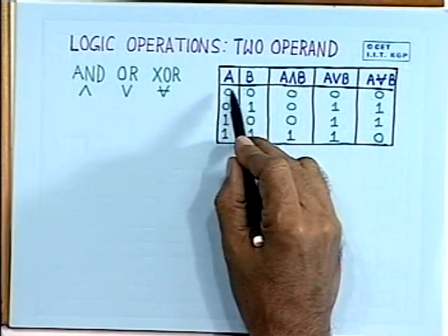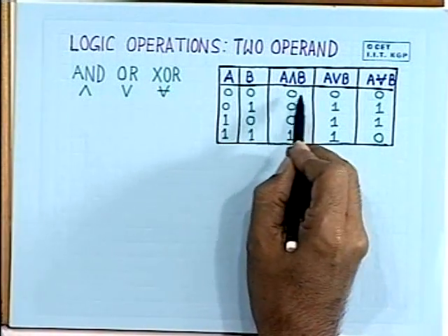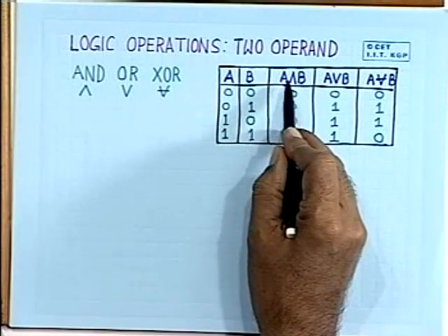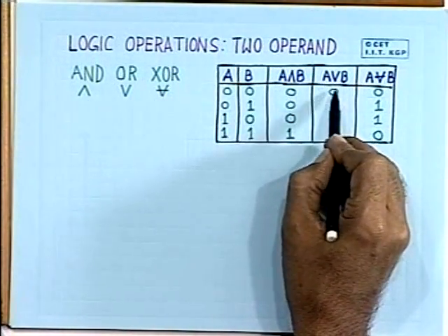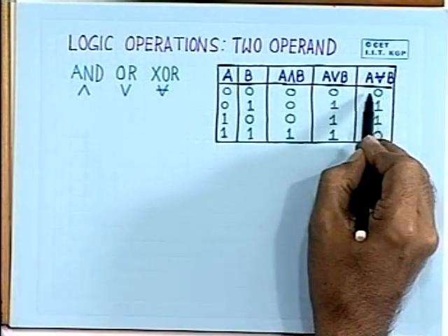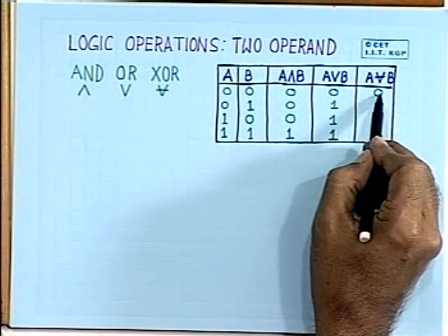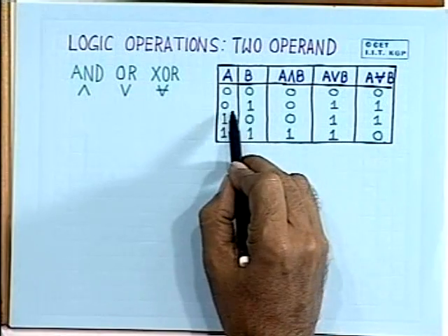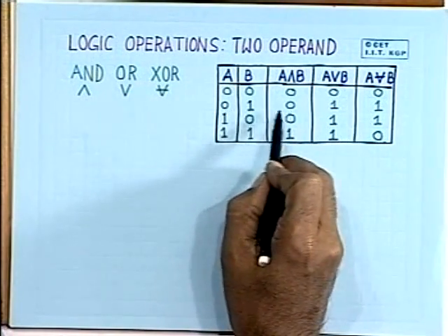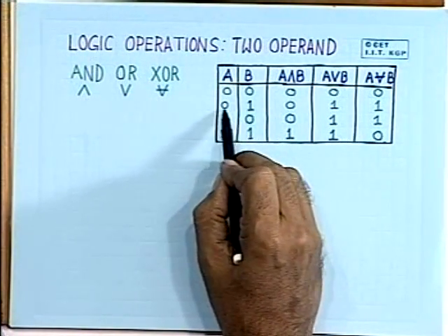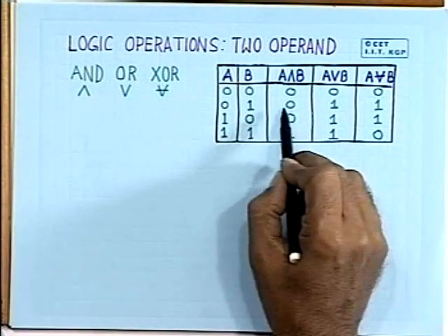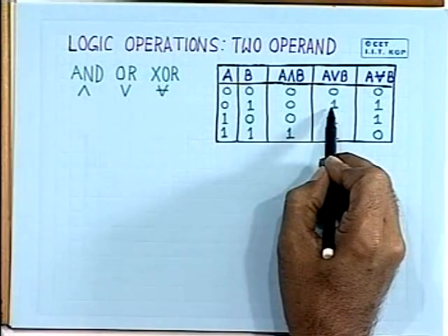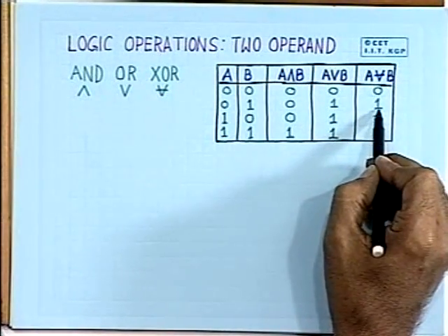For example, whenever AB is 0 0, then if you perform AND operation, the result is 0. If you perform OR operation, the result is also 0. If you perform exclusive OR operation, the result is also 0. On the other hand, whenever you perform operations for the 2 bits 0 and 1, AND will be 0, OR will be 1, and exclusive OR will be 1.